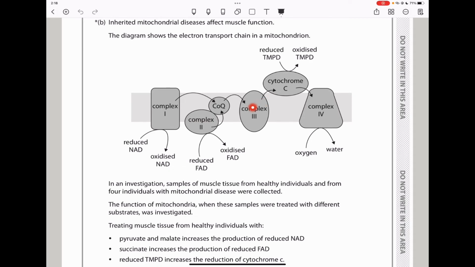However, if there is a blockage in complex 3, everything is going to be stopped. If there is a blockage in cytochrome C, everything is going to be stopped. And if there is a blockage in complex 4, everything is going to be stopped. So these ones are very important. If there is a blockage here, provided this is functioning, it's okay. If there is a blockage here, provided this is functioning, it can still be okay. So let me move on.